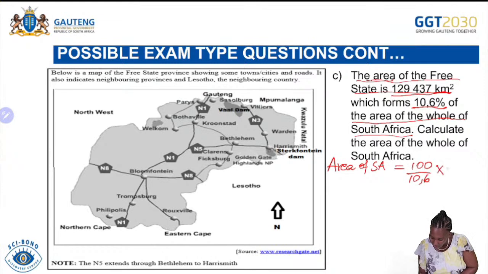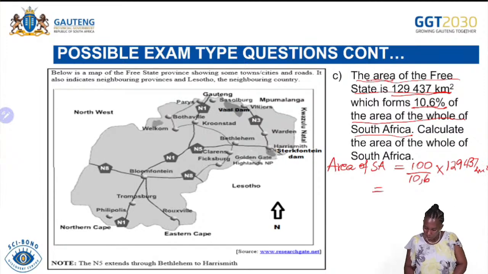We multiply it by what? By the 129,437 kilometer square. Now, let's quickly do our calculation. Remember, boys and girls, it is 10,6% of what? Of the entire South Africa, the Free State province.